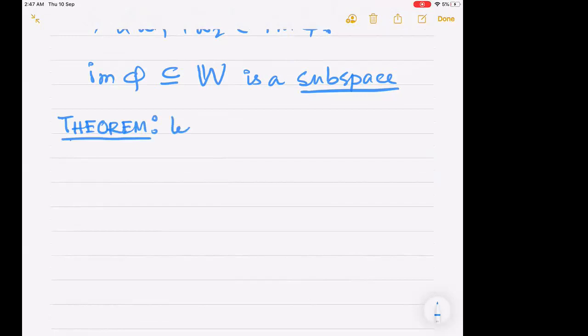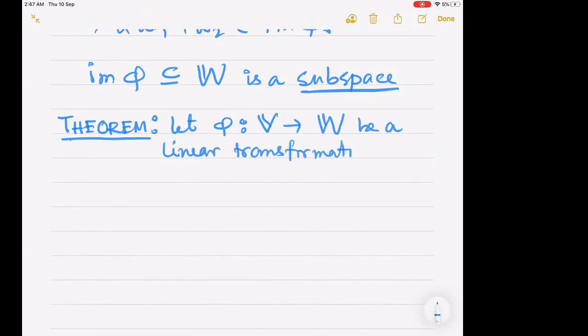Let phi be a linear transformation where dimension V is finite, so V is a finite dimensional vector space.